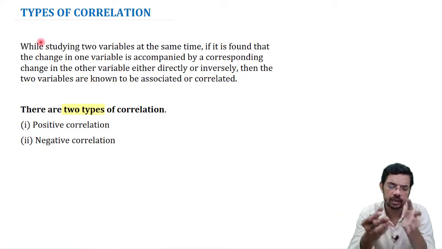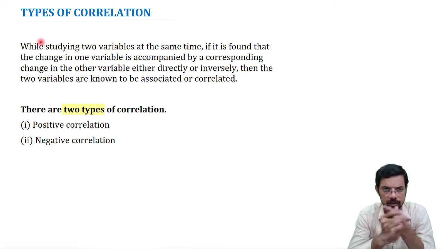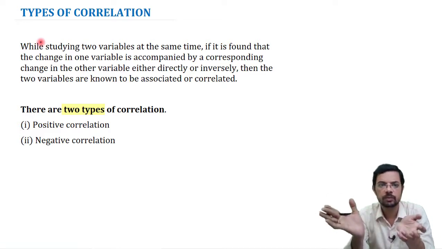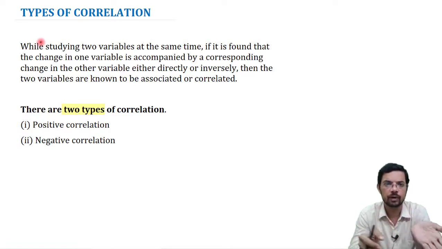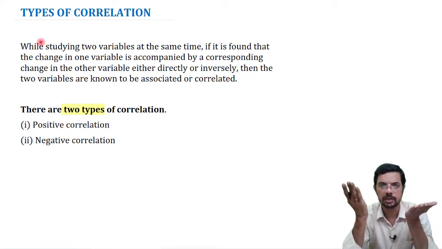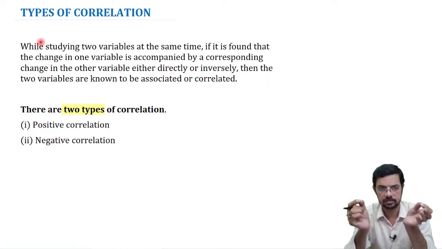Then we say that they are correlated. The direction of correlation will decide what kind of correlation it is. If one is increasing and the other is also simultaneously increasing, then we say that there is a direct or positive correlation.